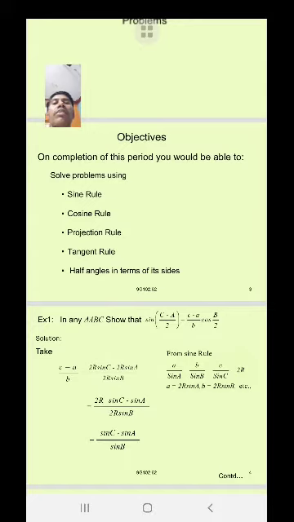We know all of these rules and formulas with proofs also, which we discussed in previous classes. On those rules we will do some more problems. So let us see.